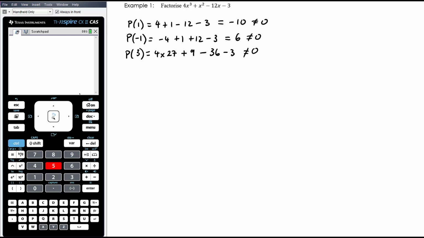So without having to work it out, I know it's not 0. And P of negative 3, again I can use the work that I've done here, it's going to make that negative 27, so we're going to have 4 times negative 27, still going to be positive 9, plus 36 and minus 3. So again, now we've got positive 45, which is not going to be balanced by negative more than 100.